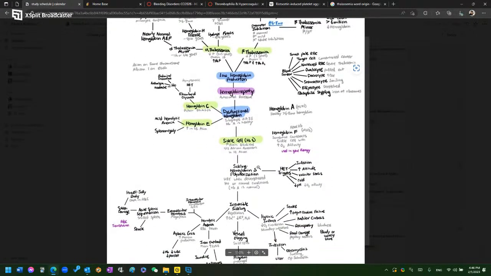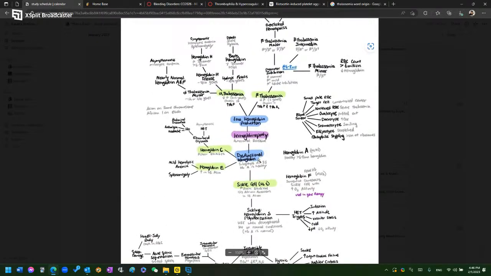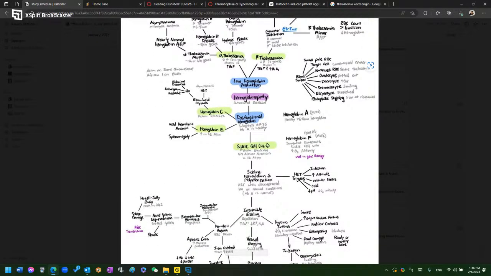So, normally, in all hemoglobins, there's a few different types of subgroups, including alpha, beta, gamma, delta. And in an adult, we see hemoglobin A, which is alpha 2, beta 2.